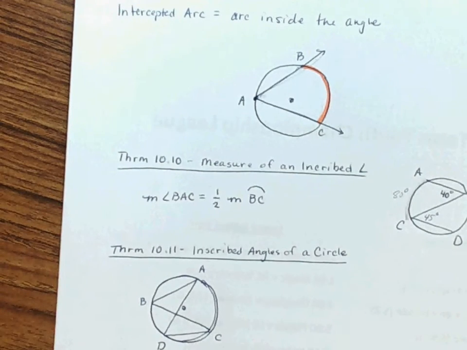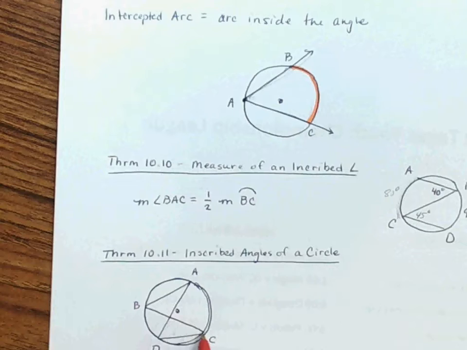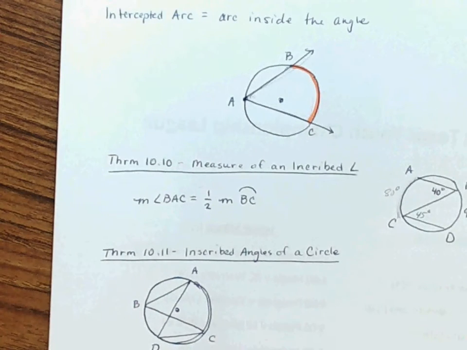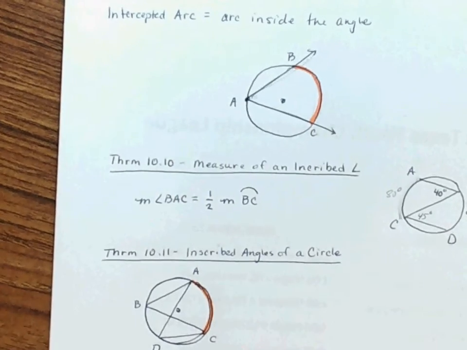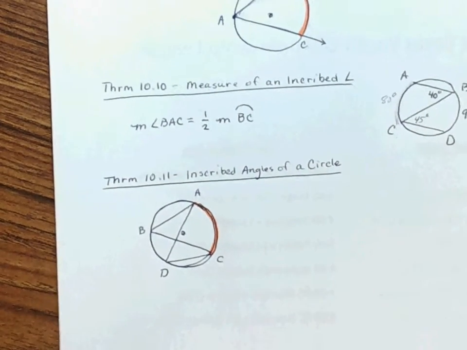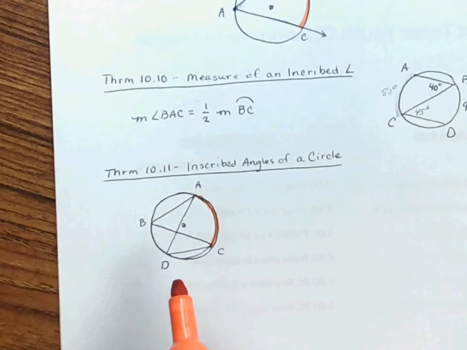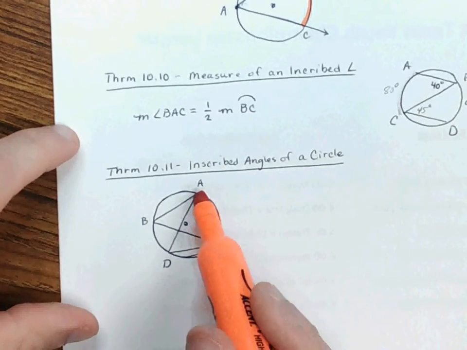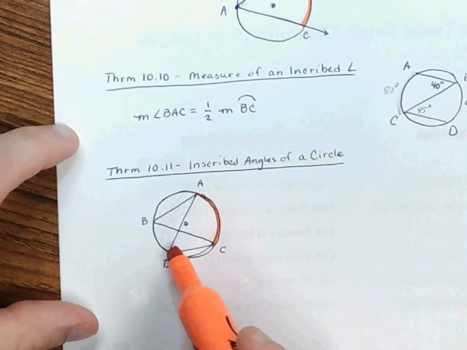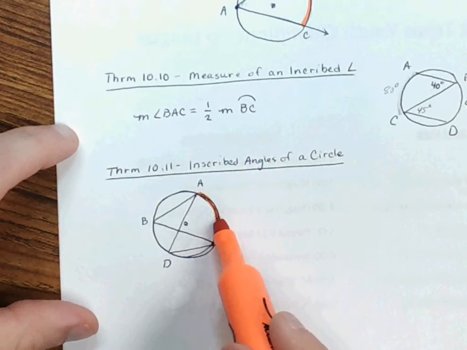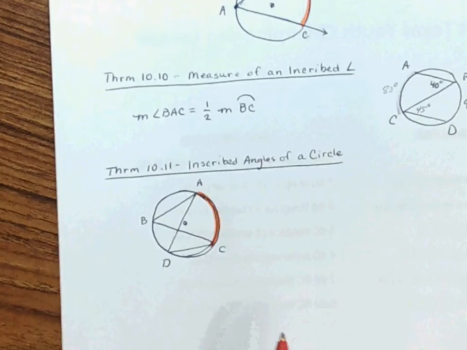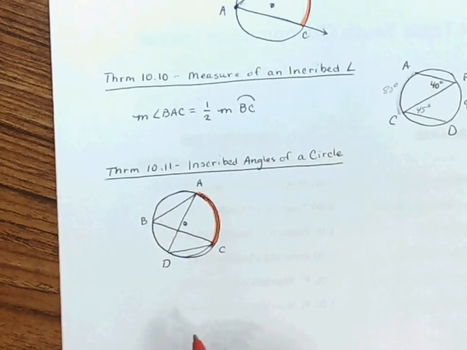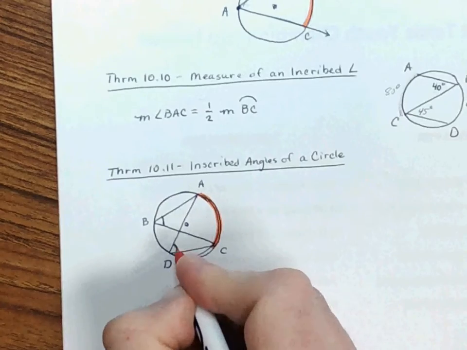Let's look at ABC first, and let's look at its intercepted arc. If I look at ABC, its intercepted arc would be arc AC. Now, if I look at this other inscribed angle, ADC, its intercepted arc would also be AC. So if they have the same intercepted arc, what do you think is going to be true about these two angles? They're going to be congruent.